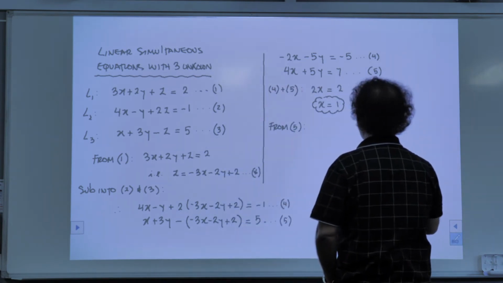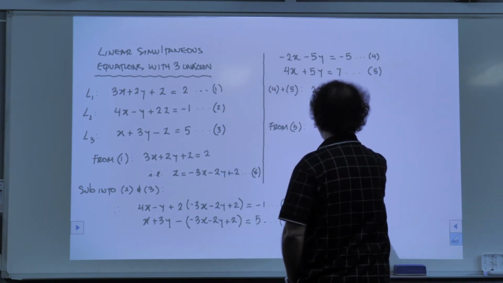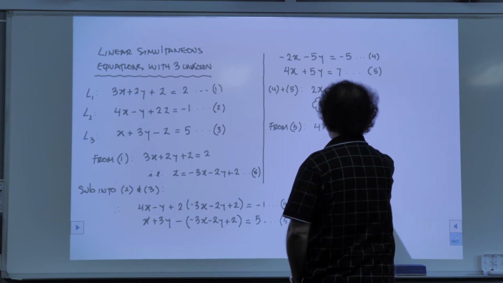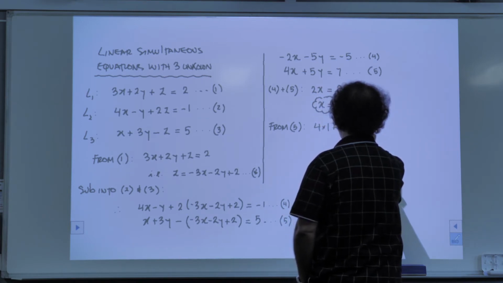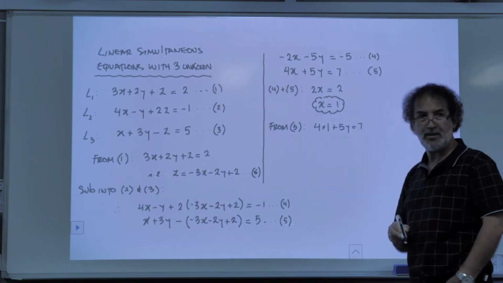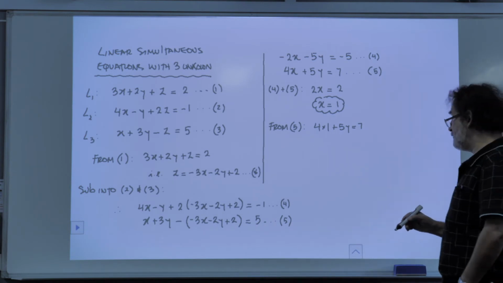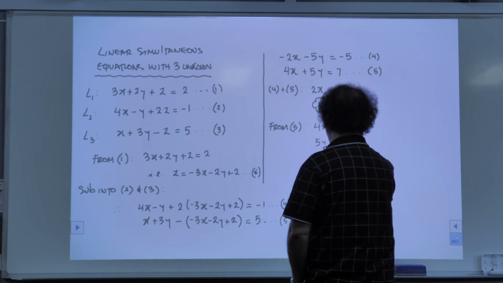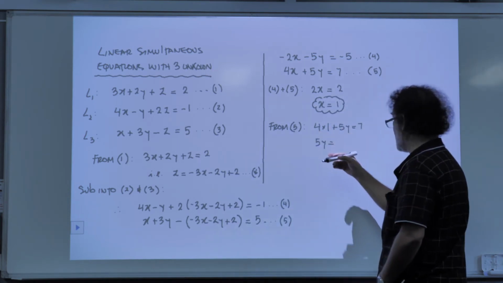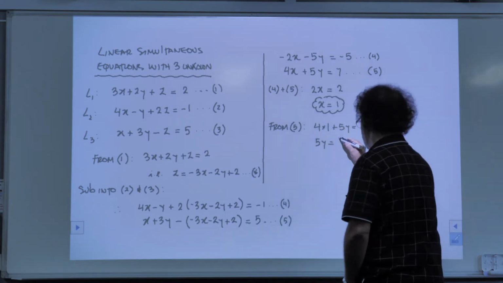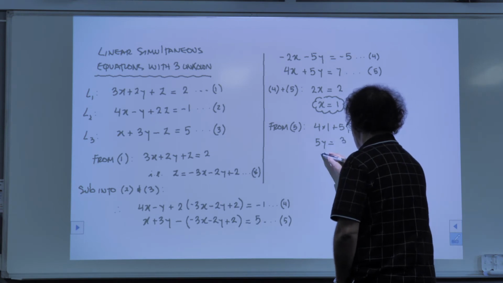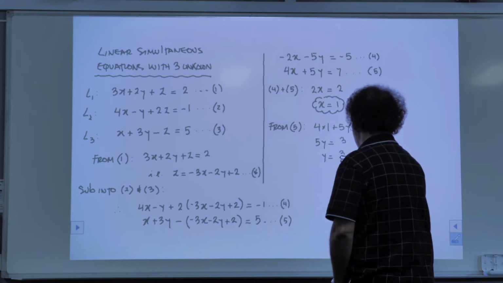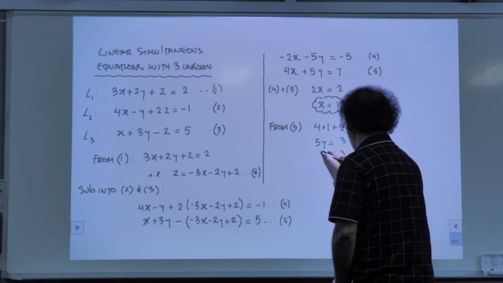Okay, from 5 we have that 4x, so it's 4 times 1 plus 5y equals 7, right? So that will give you 5y is equal to 7 minus 4, which is 3. So therefore, y is going to be equal to 3 over 5.